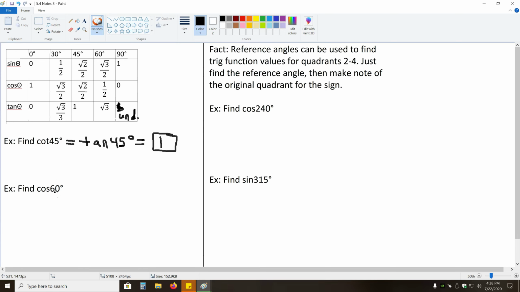From here, if we wanted to find cosine of 60 degrees, then we would just go to our table. Cosine of 60 degrees is just 1/2.